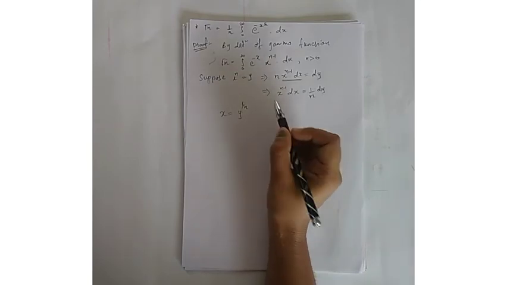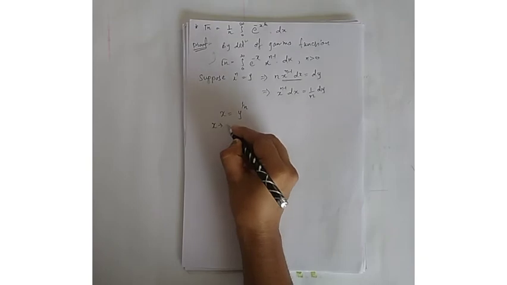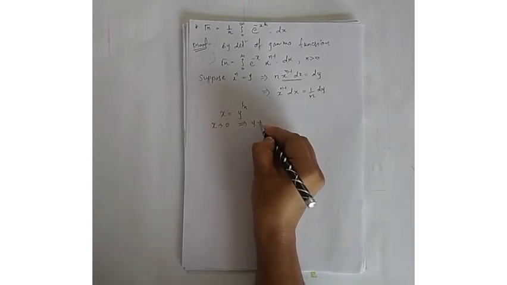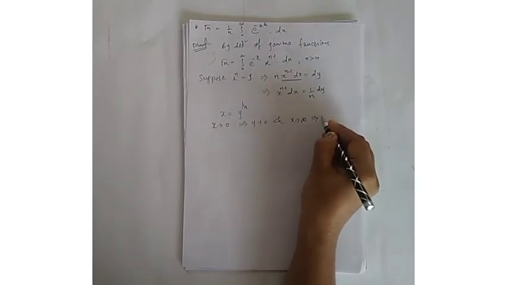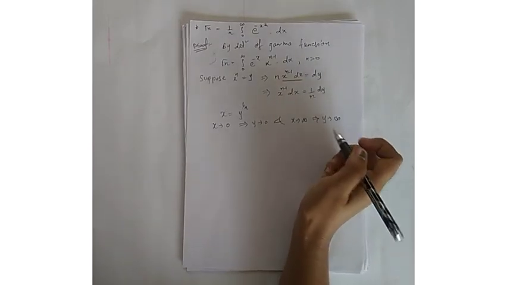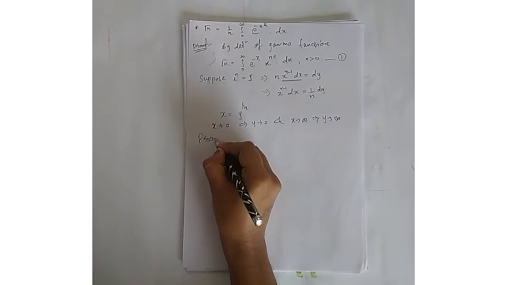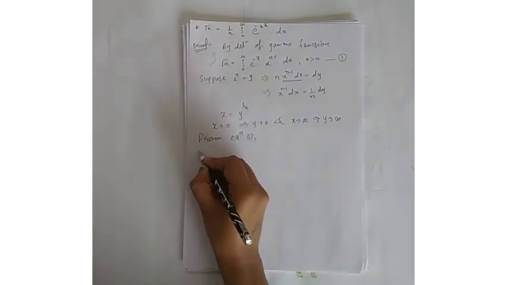And also change the limit. So x tends to 0 will imply that y tends to 0, and x tends to infinity will imply that y also tends to infinity. So from equation number 1, put all these values in this equation.